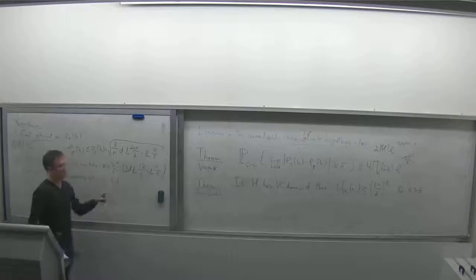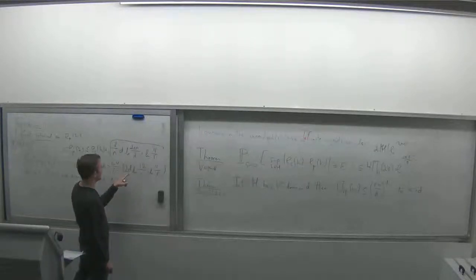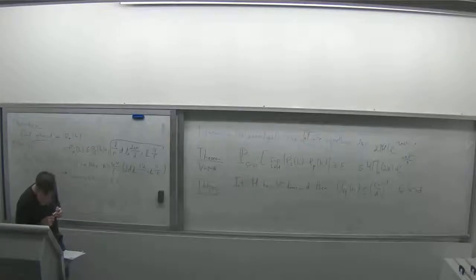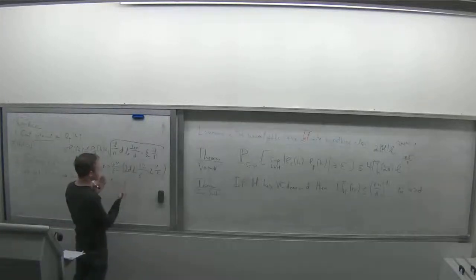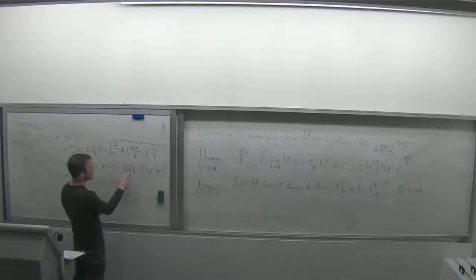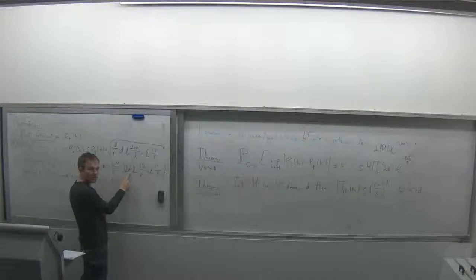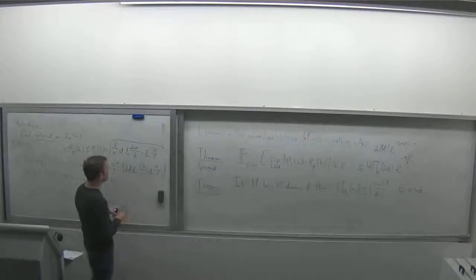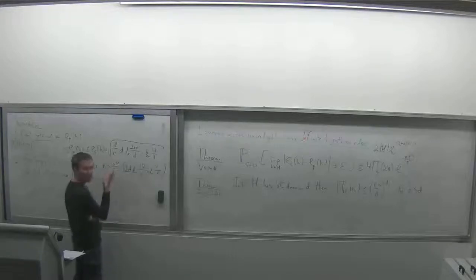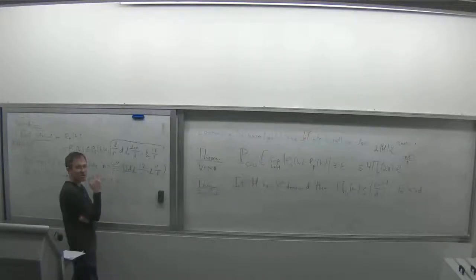In the previous bound we had, I think, 2 over epsilon squared times ln(2 size of h over delta). So it's a similar thing where d is actually replaced by the log of the size of the hypothesis class. And you'll show in the exercise that for a finite hypothesis class, the VC dimension is upper bounded by the log of the size of the hypothesis class.